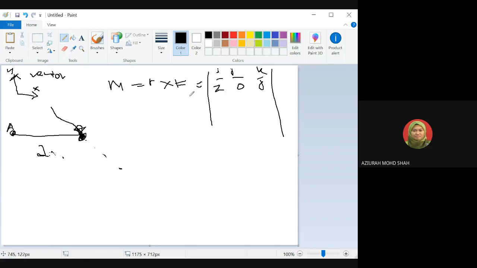Now because the force also has Fx and Fy, you have to resolve the X component and the Y component. The X component is 250 sin 30.